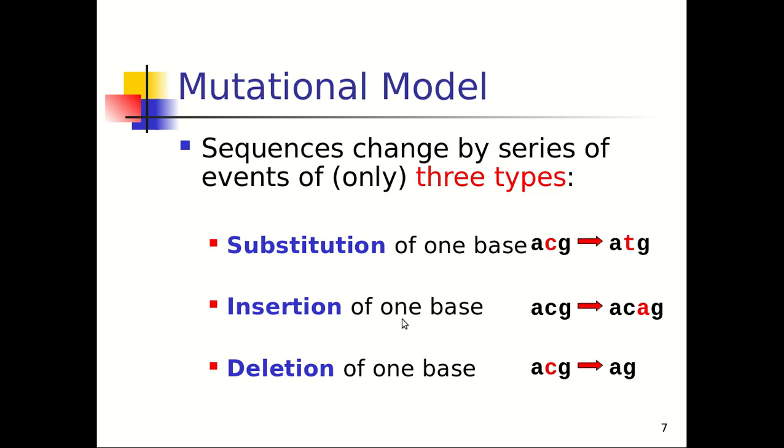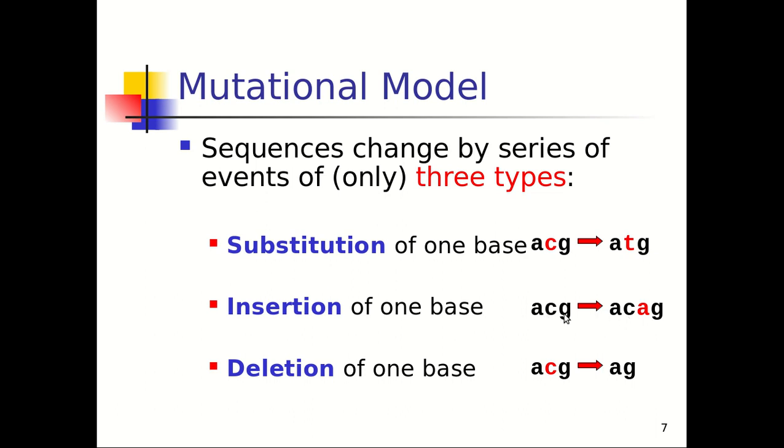Now the insertion of one base is basically adding one. All right, now you don't always just insert one. Sometimes you can insert many. It might have a different name if you insert many, but a general insertion, as we call it, would just be the sequence had an extra base added in between two existing bases.